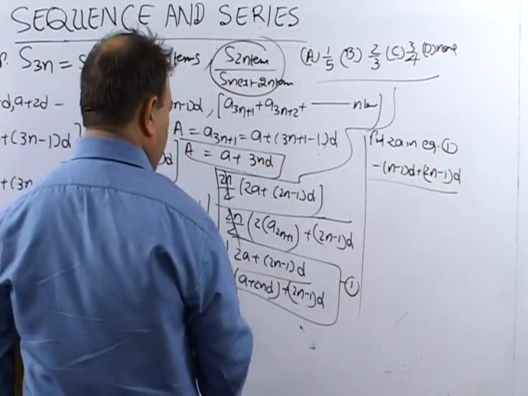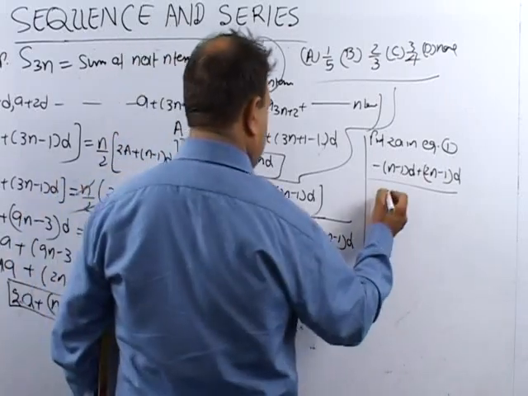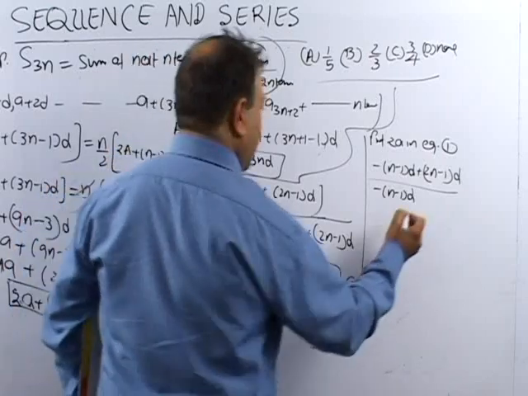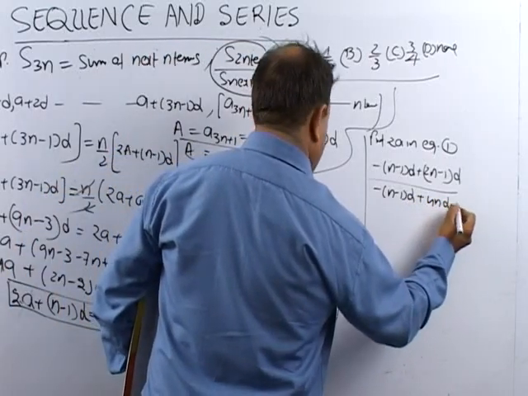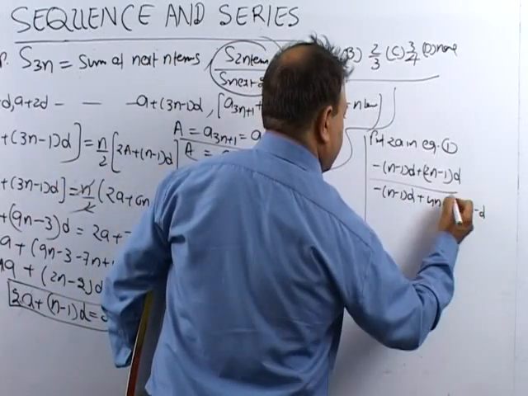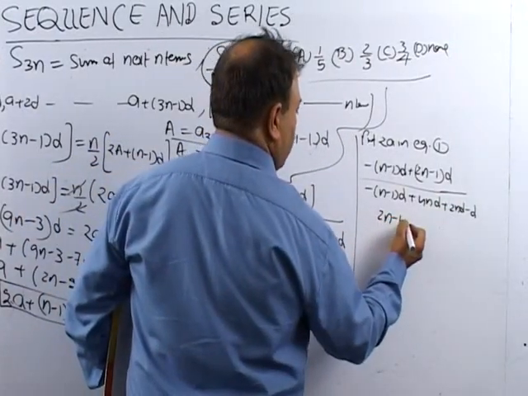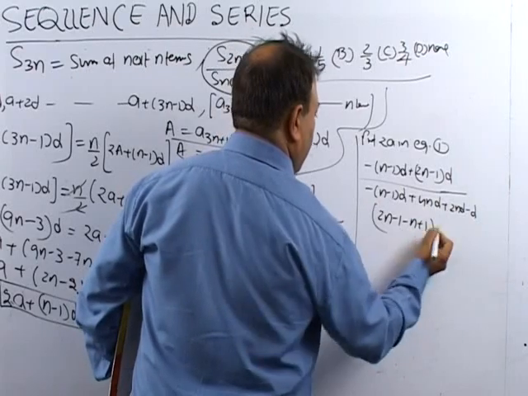Upon, the value of 2a comes out to be minus of n minus 1 d plus 4nd plus 2nd minus d. I can say it is 2n minus 1 minus n plus 1 into d.